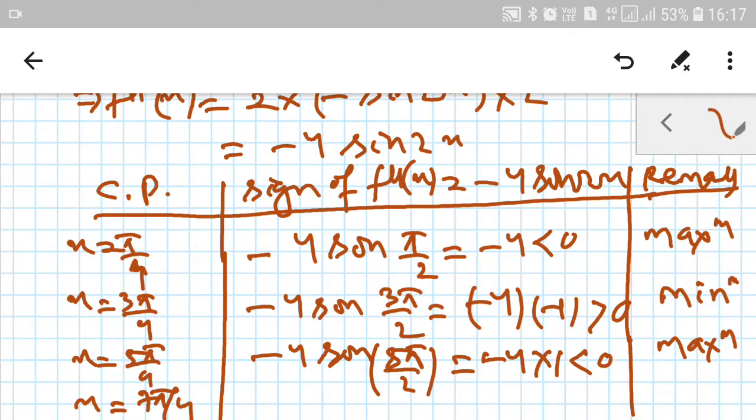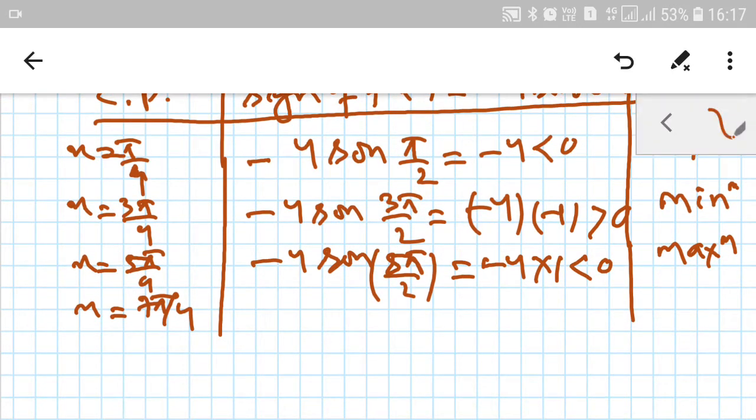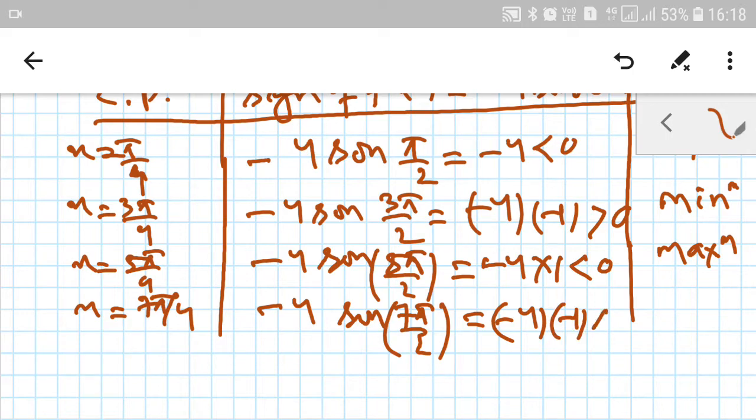And at last, at 7 pi by 4, the value goes like this: minus 4 into sin 7 pi by 2. As you know, 3 pi by 2 and 7 pi by 2 differ by 2 pi, so the value will be minus 1. So minus 4 multiplied by minus 1 is greater than 0. If it is greater than 0, then it is a point of minima.